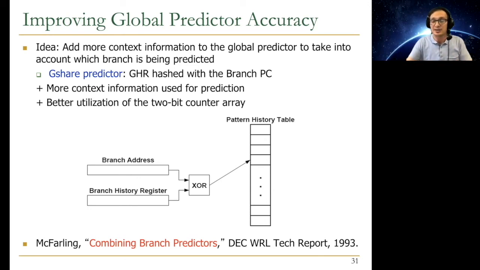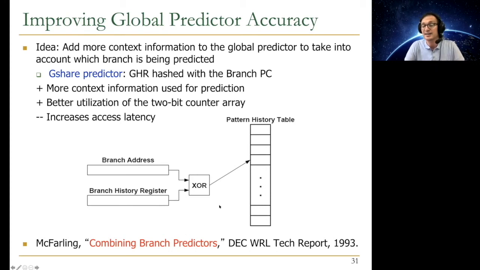Another way is that you can use different hashing functions over here, not necessarily just the branch address, but branch address clearly distinguishes branches with different addresses. Of course, the downside is whenever you add this sort of thing, you add latency to the branch predictor. Now, this XOR may not be that much latency. We will see branch predictors that have much higher latency soon.